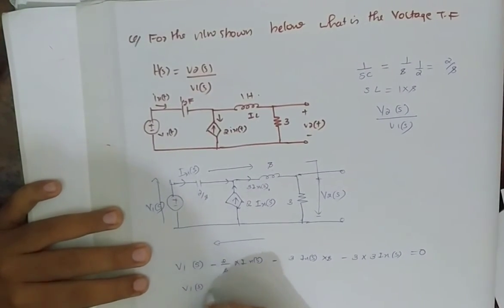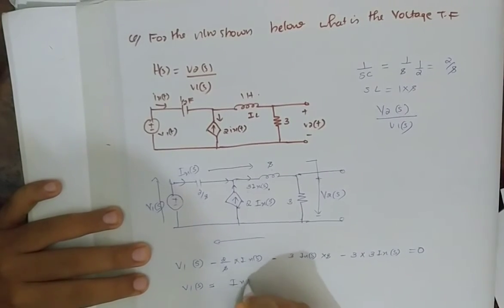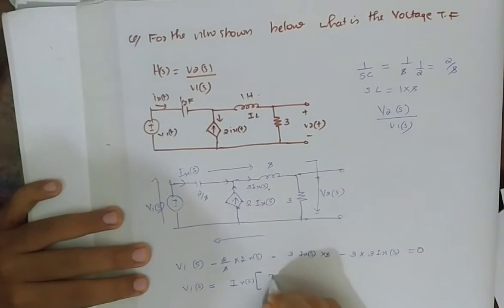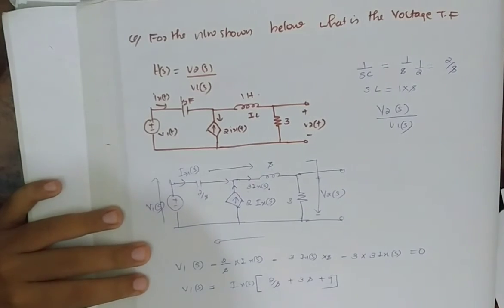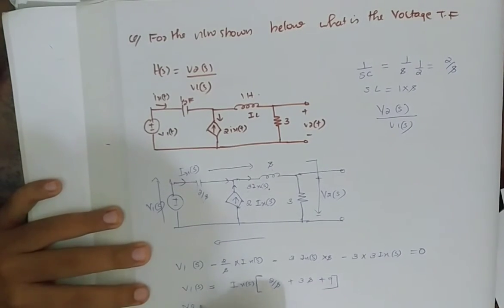So V1 of S we will get equal to Ix of S, I am taking Ix of S outside, we will get (2 by S plus 3S plus 9).